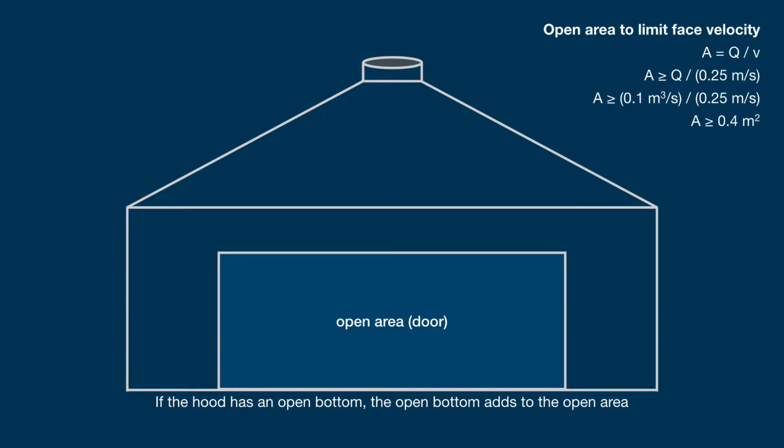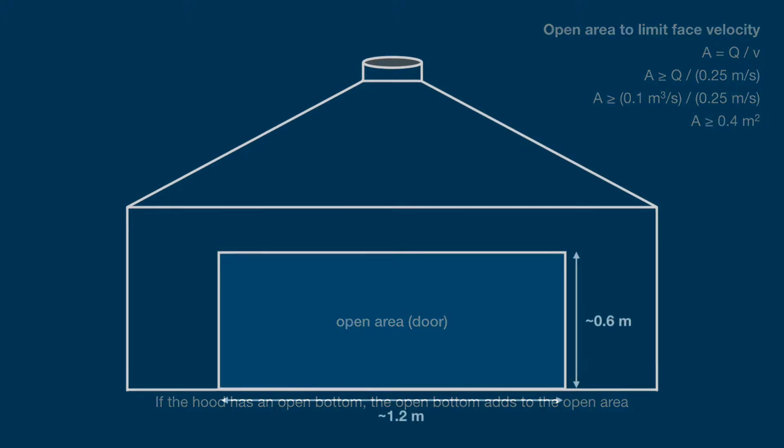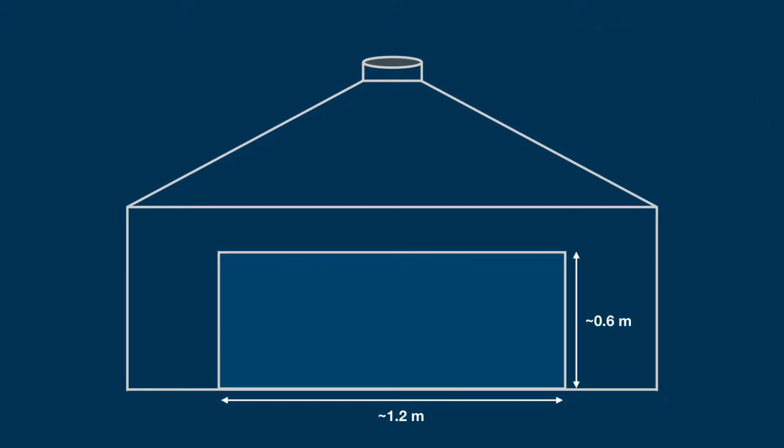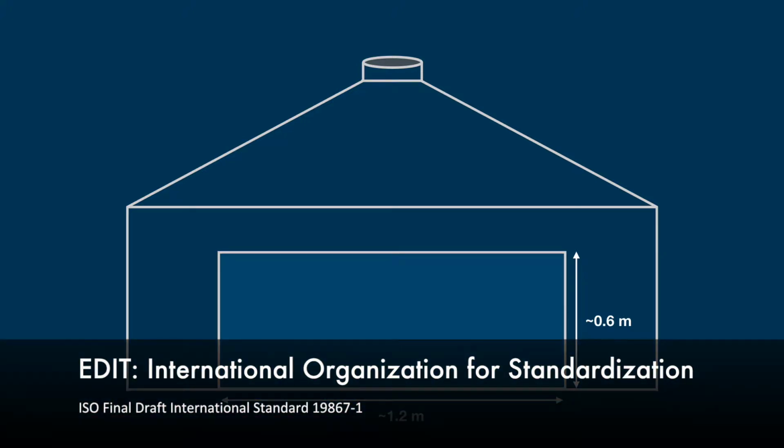Although this analysis suggests that we only need an open area of 0.4 square meters, ergonomics may demand more open space. The International Standards Organization recommends an open area of 1.2 meters by 0.6 meters to allow for sufficient airflow and sufficient room to work. This open area is almost twice our calculated minimum opening.